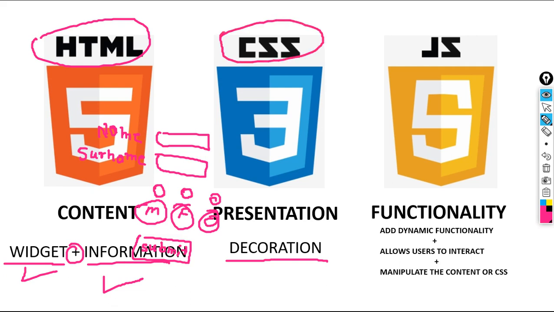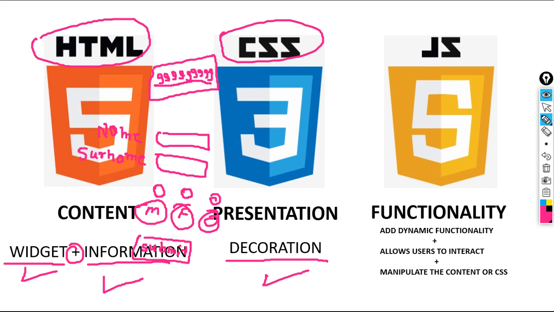Now only widgets and decoration is not enough. There should be functionality. Suppose there is one input box to enter a number, and the user is entering only 9 digits, correct. 2, 4, 6, 7, 8 and 9.